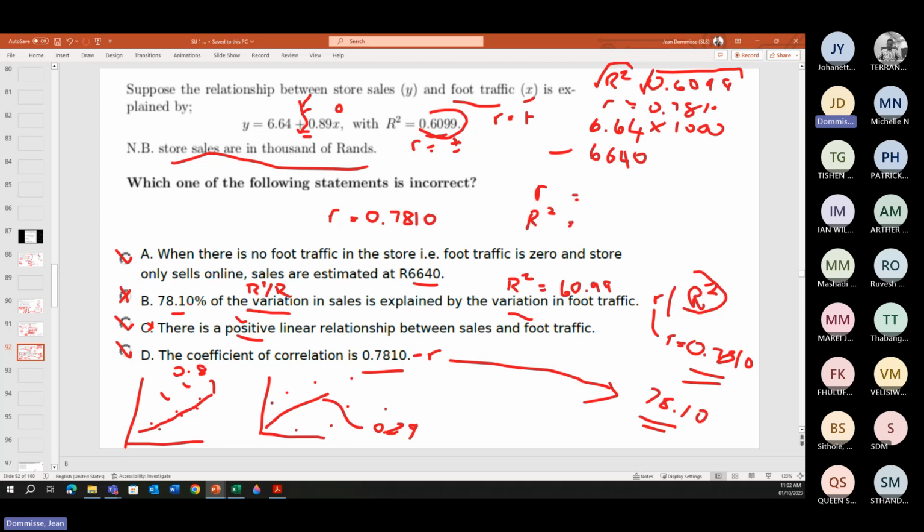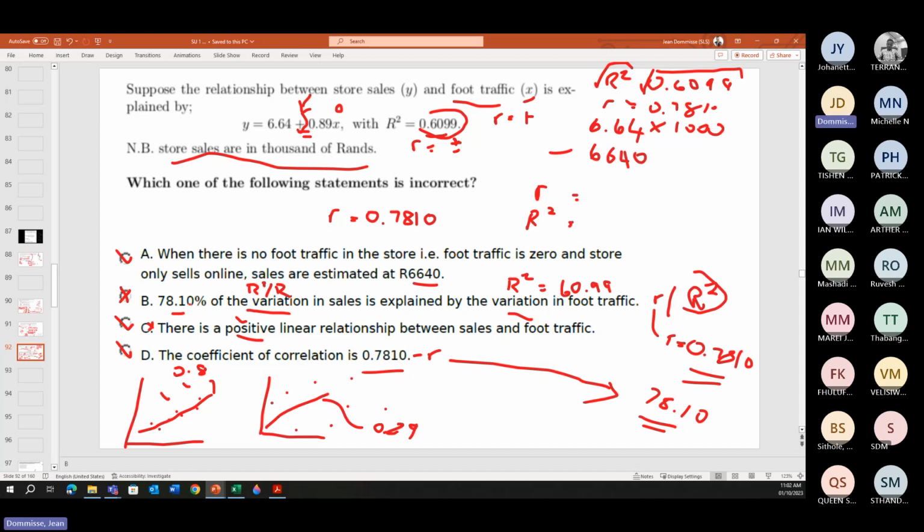The test here was to see if you know the difference between R square and R. That is basically what they wanted to get out of this question, and how they ask it is if you know what the definition of R square is.